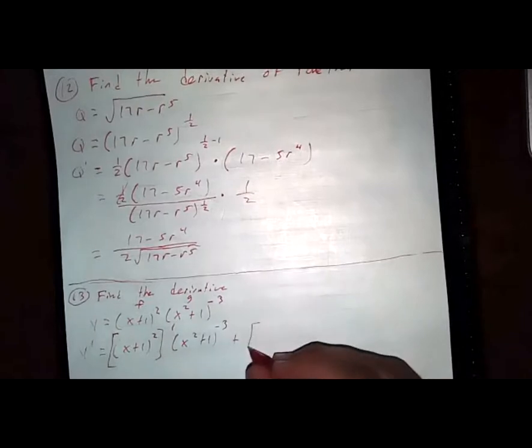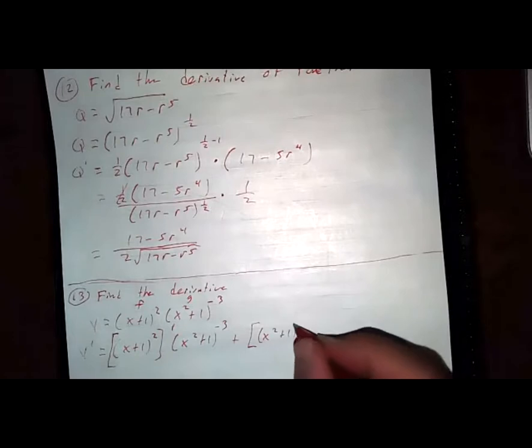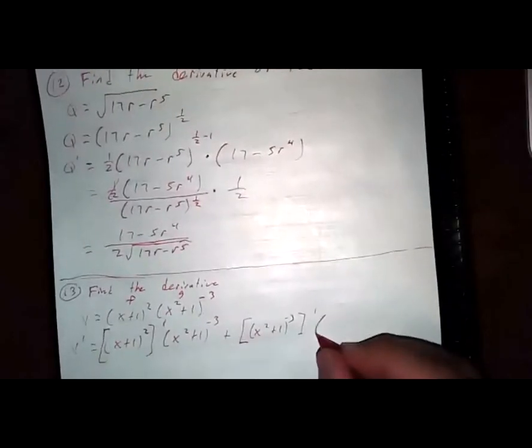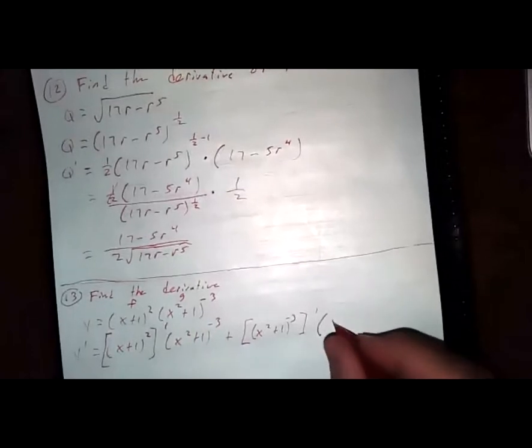So we have x plus 1 squared. Take the derivative of this guy first, and then times the second, plus the derivative of this guy times the first.